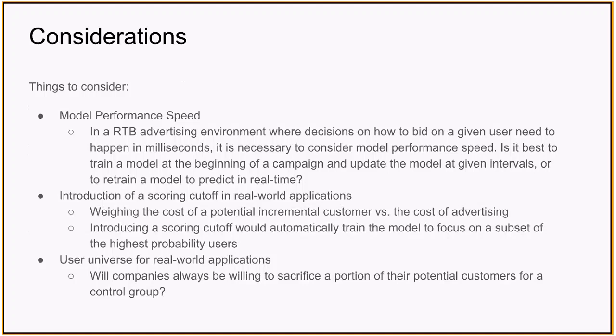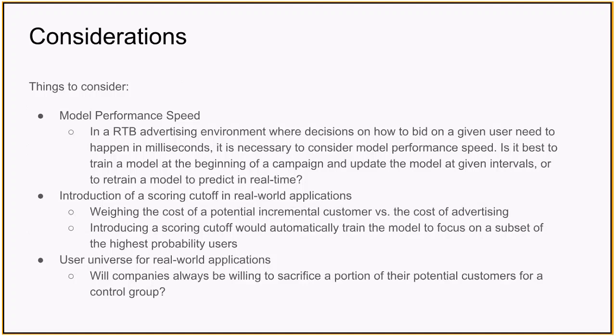So digital display advertising happens in a real-time bidding environment where there's programs and platforms that allow bidding and ads to be served within milliseconds of a page loading. And if we're going to layer a model which targets users most effectively using uplift, that model needs to be able to perform quickly.